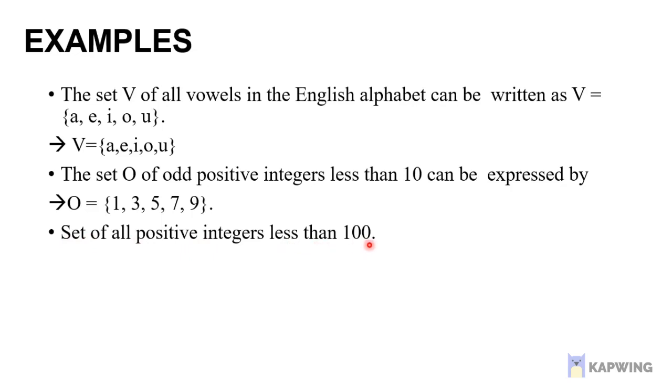Which numbers are less than 100? Integers here start from 1, 2, 3 up to 99, because 99 is less than 100. So the set of all positive integers less than 100 is 1, 2, 3 up to 99.